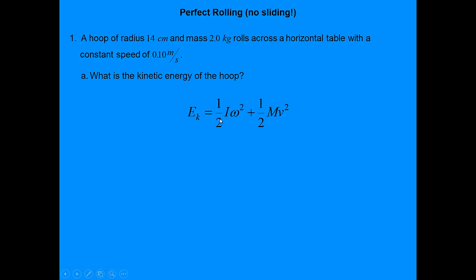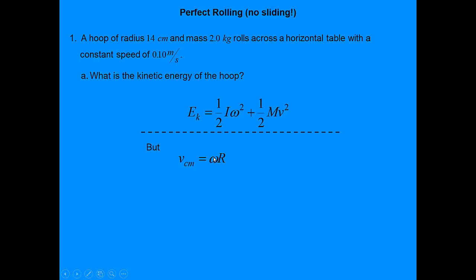Looks like we can't put these together, but there are some changes we can make. For example, we can rewrite the angular velocity in terms of the velocity, or the speed, of the center of mass, because we know the speed of the center of mass is omega times r. This omega is the angular velocity that it's rolling with.